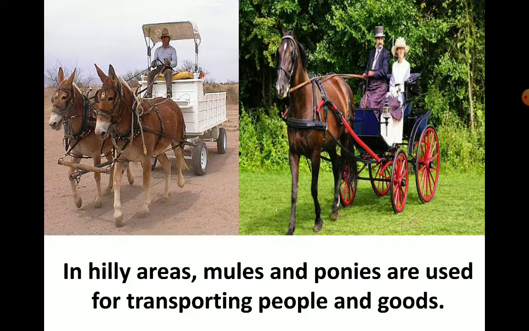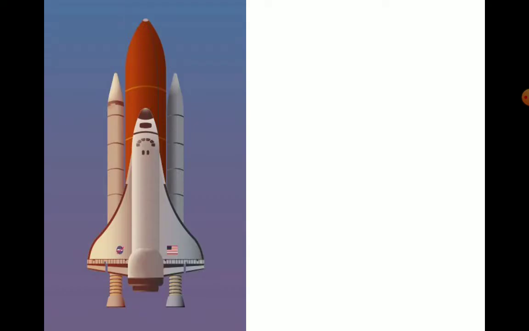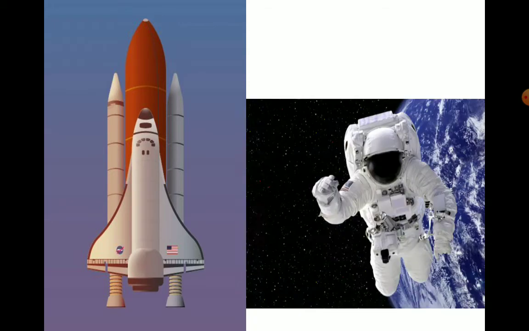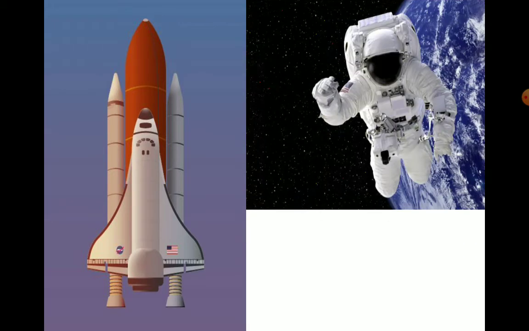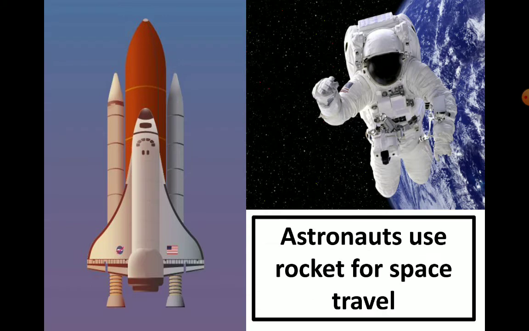Okay, so now let's see the next slide. What is this, children? This is a rocket. Yes, who will travel in rocket? Astronaut. Very good. So astronaut will travel in a rocket. Why do they use rocket?